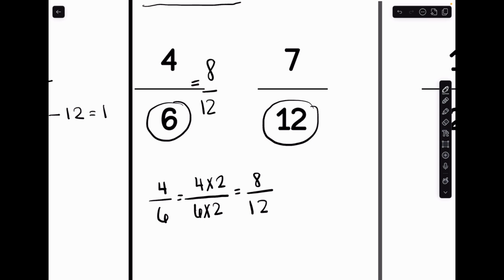And now I can compare because my denominators are the same. And I always ask the kids, would you rather 8 pieces or 7 pieces or whatever we're comparing? And of course the kids are going to say 8. And so the greatest fraction gets the 2 dots and boom. So that tells us, I'm sorry, that was very raggedy, but that tells us that 4/6 is greater than 7/12.